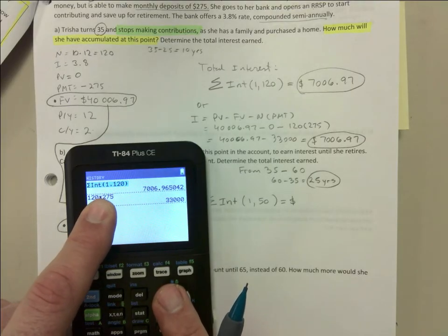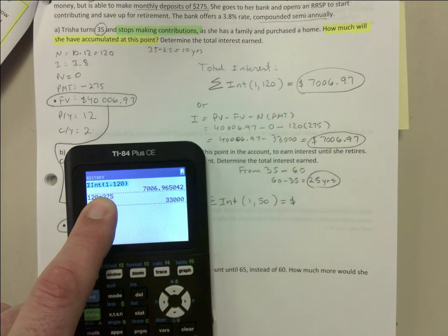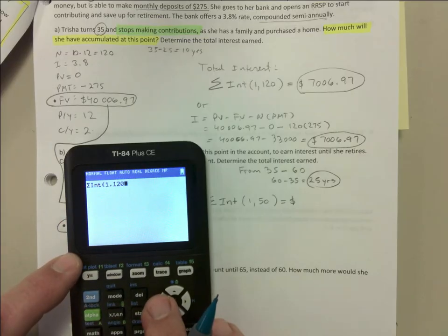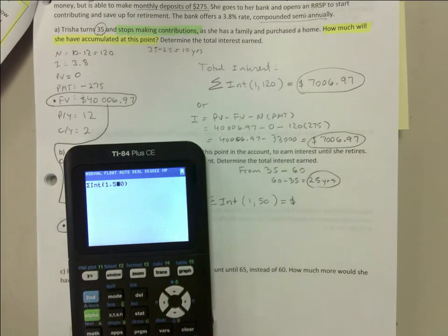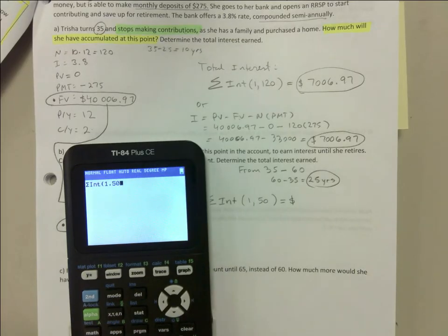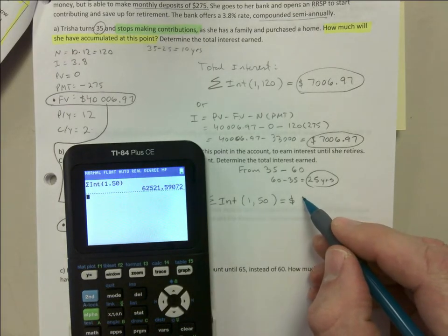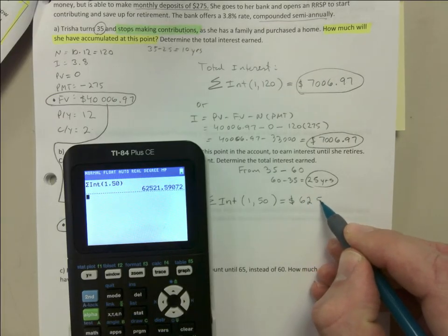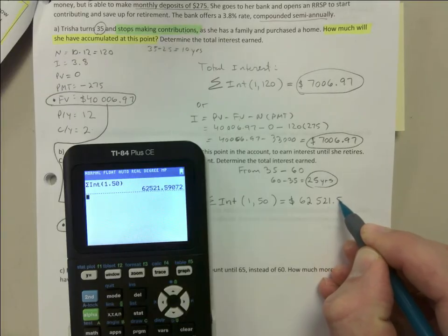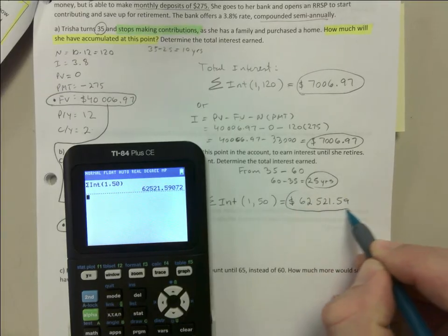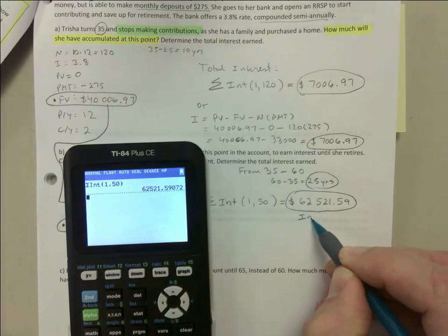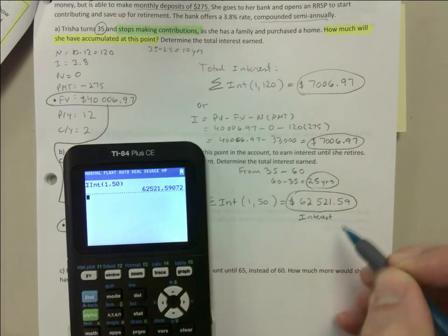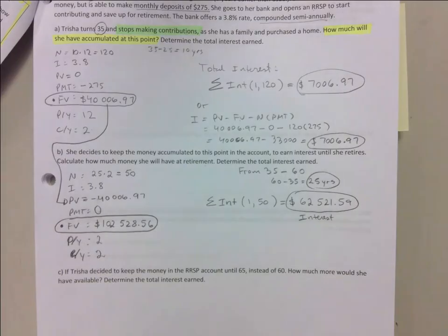If I go up a couple of lines, it's still there. I'm just going to hit enter and change that to 50. Like that. So you've earned 62,521 and 59 cents in interest.